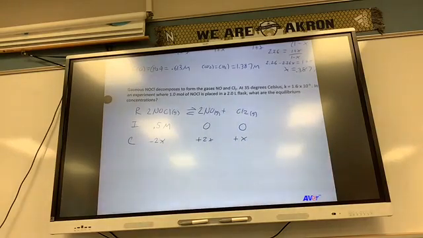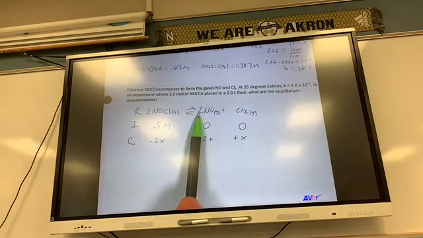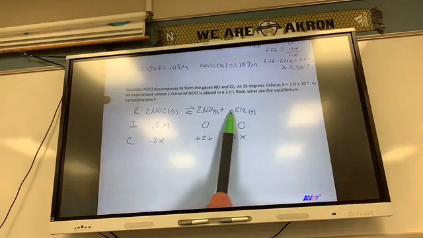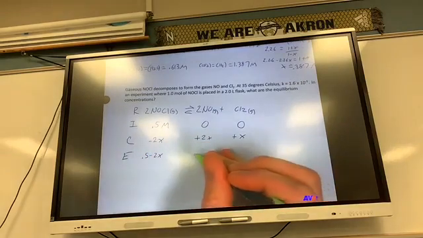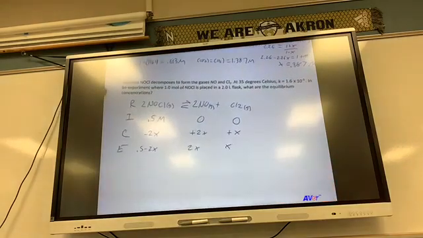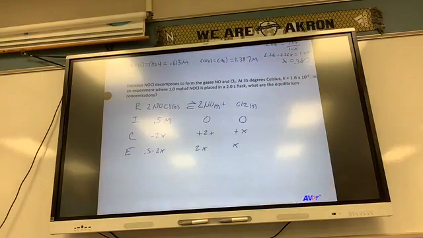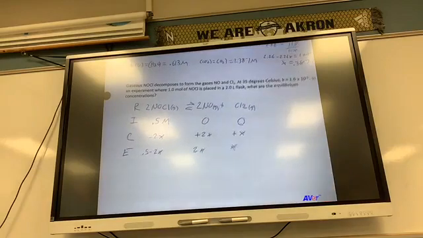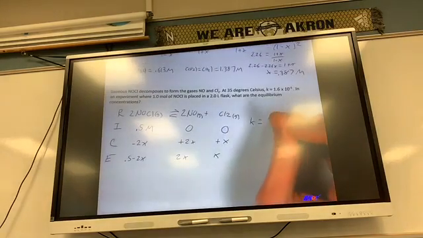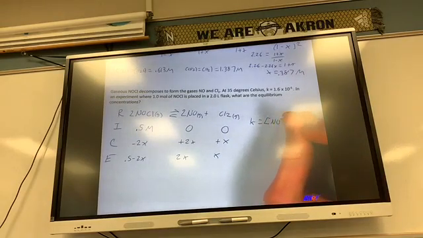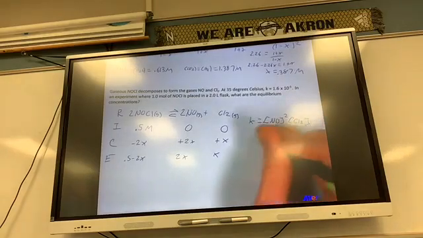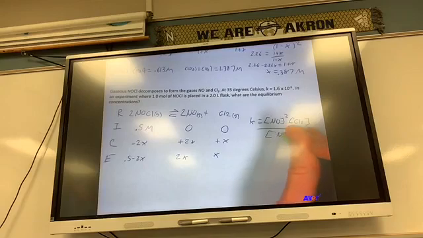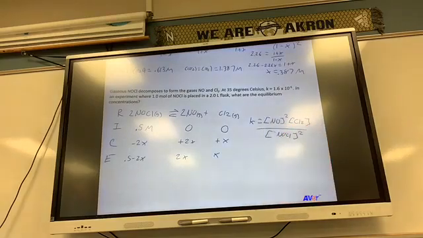Wait, why are the other ones 0? Because it's like a Cl2, it's still just x. Right, only the coefficients change it. So my E is 0.5 minus 2x, 2x, and x. Now, we're going to write our K expression. K equals concentration of NO to the second times concentration of Cl2 over concentration of NOCl to the second.